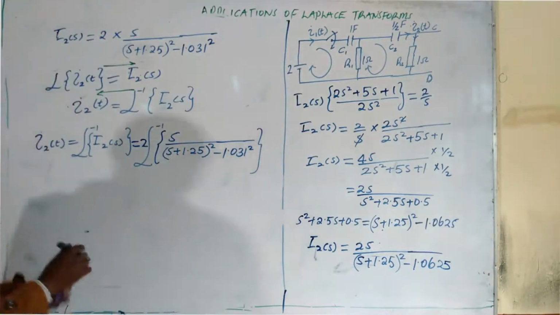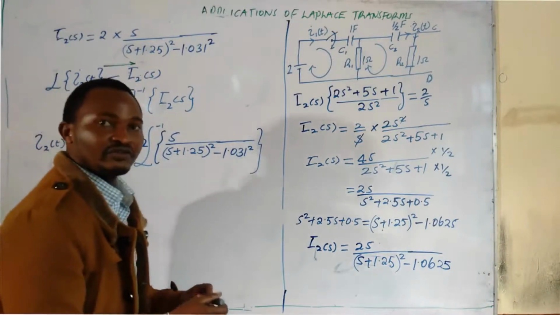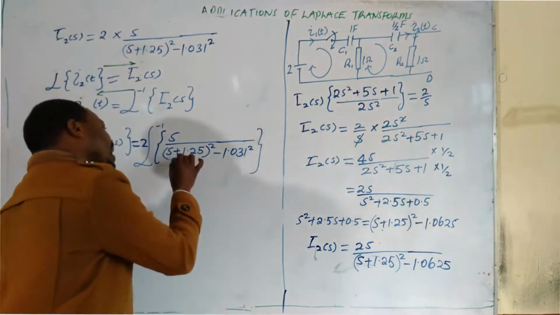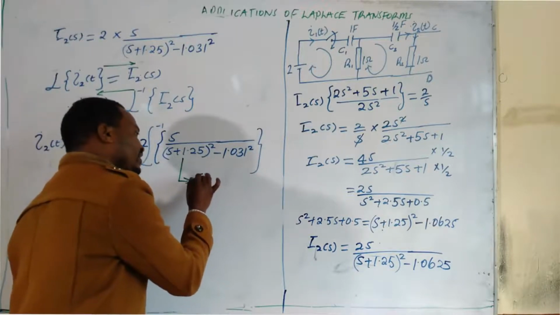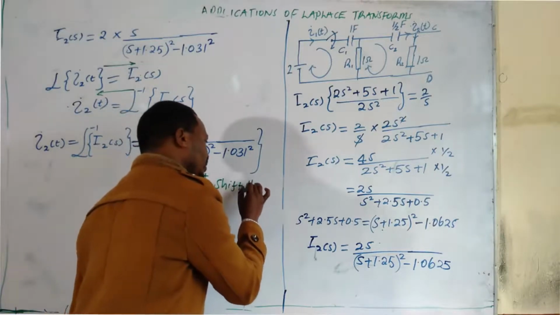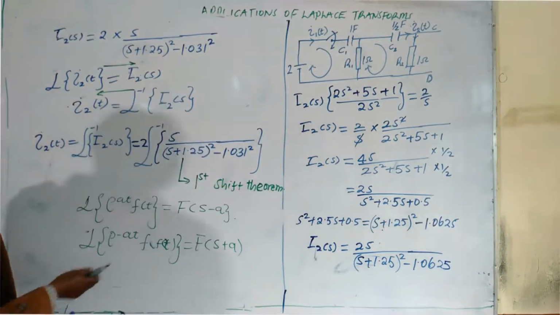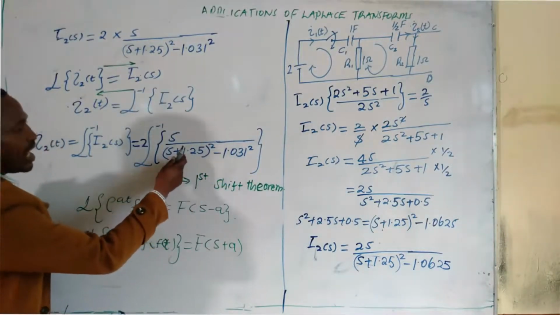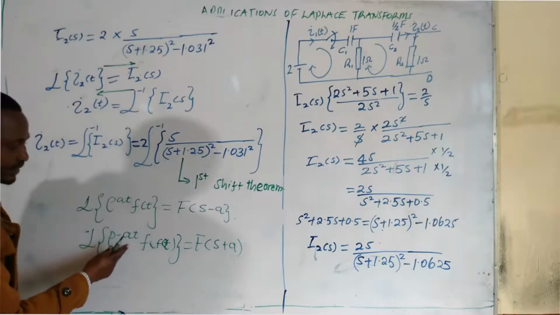Now let us finally finish it off. I hope you can remember the first shift theorem. Here, the first shift theorem has been applied. It means here, because we are adding an a, our function is multiplied by exponential negative at.